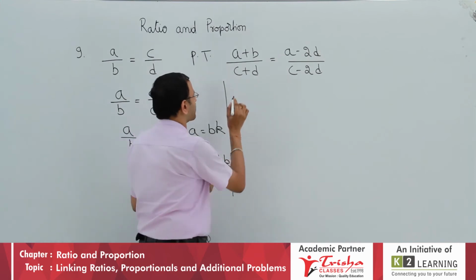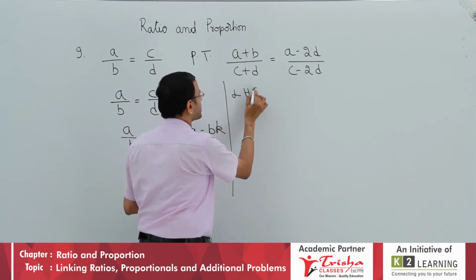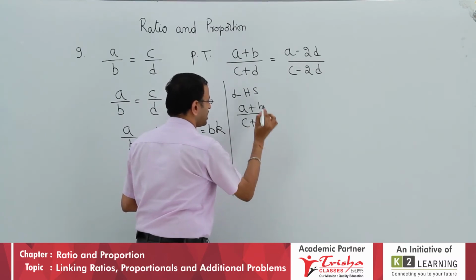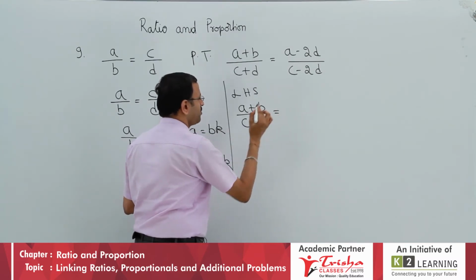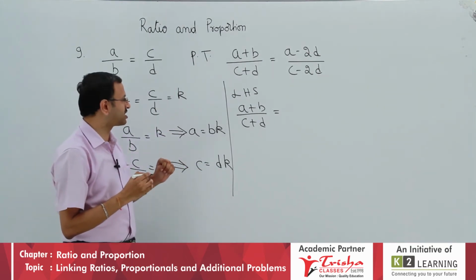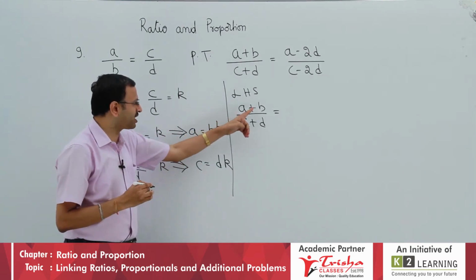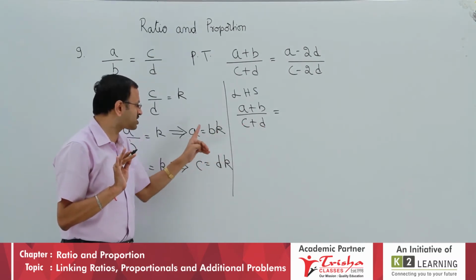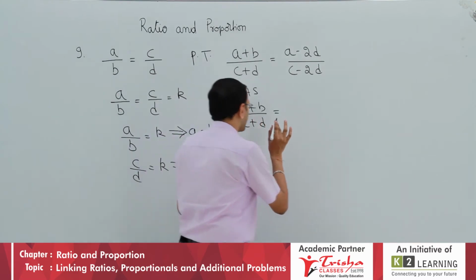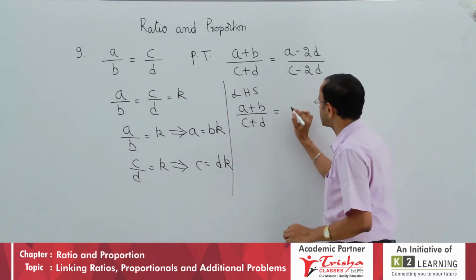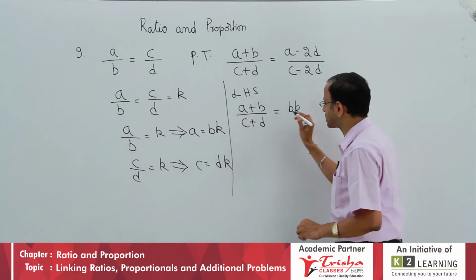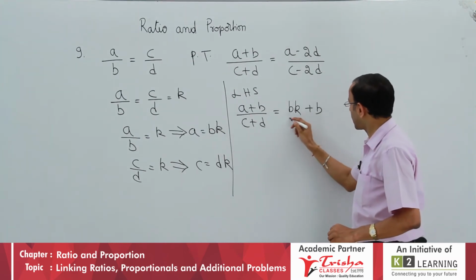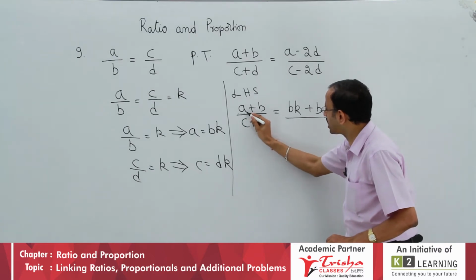Let us take the left hand side. Left hand side, A plus B by C plus D is equal to, what is the value of A and C? Wherever B is there, you keep it the same, D also you keep the same. A and C you substitute. In the place of A, you can write BK, A is nothing but BK plus B. I just substituted A as BK.